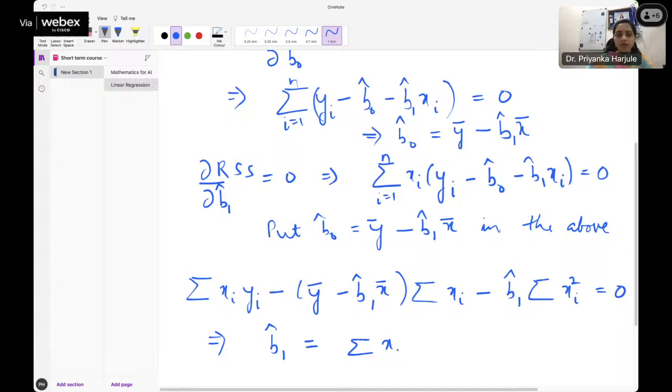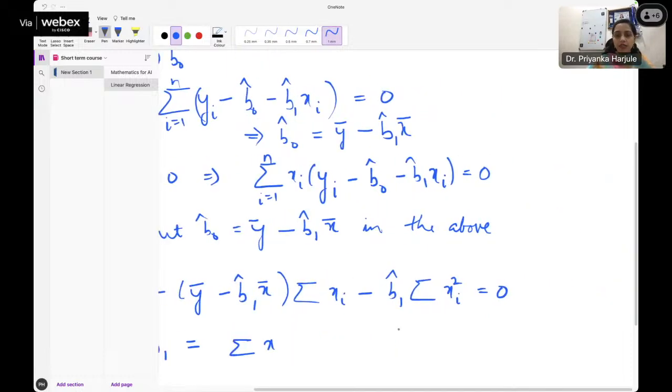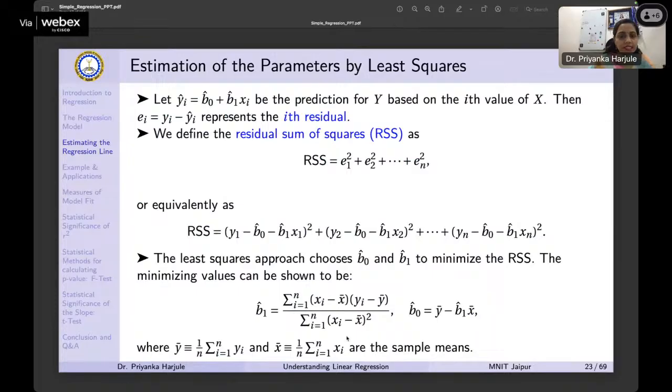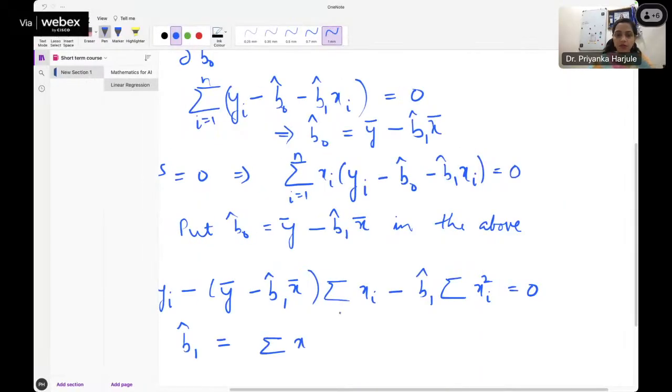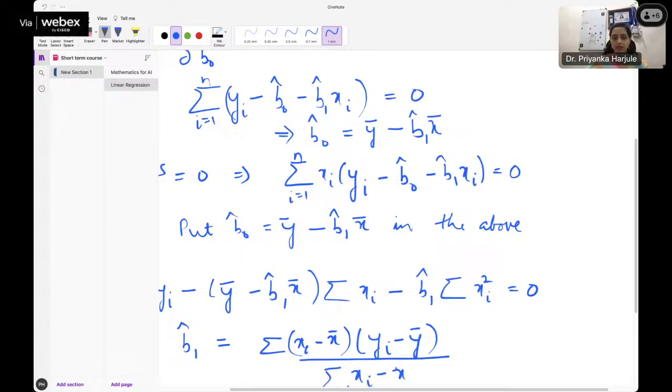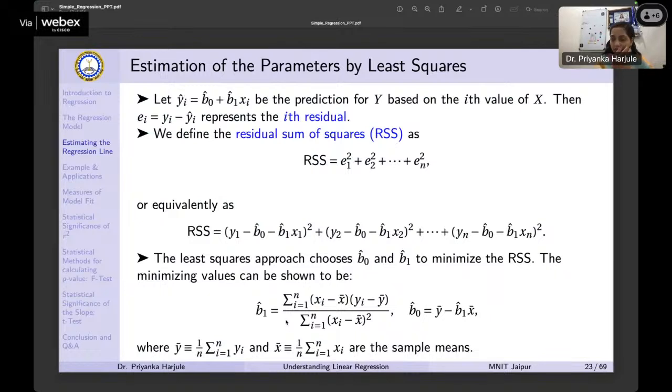You will get whatever we got here, that is this term: summation of (xi minus x bar)(yi minus y bar) divided by summation of (xi minus x bar) the whole square. So this is how you get the slope. This is the closed form solution for your slope.